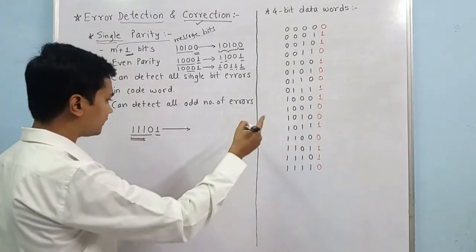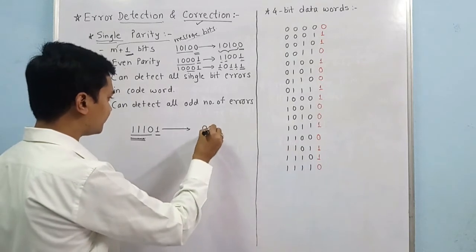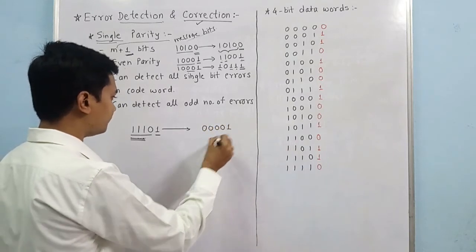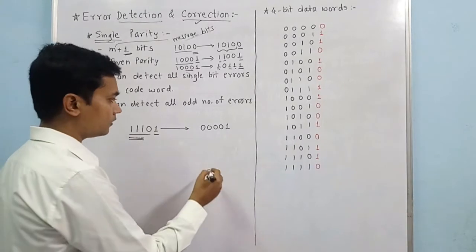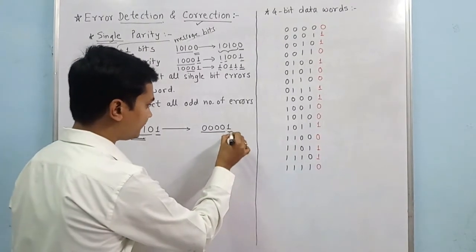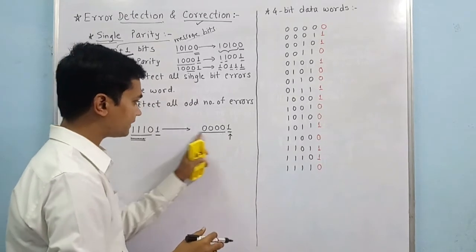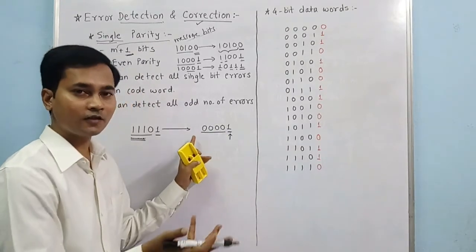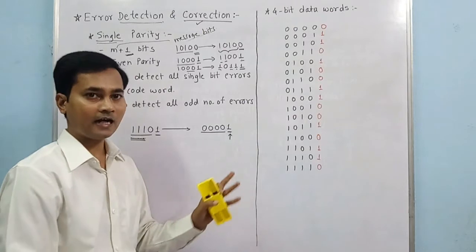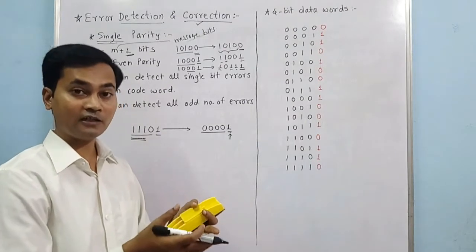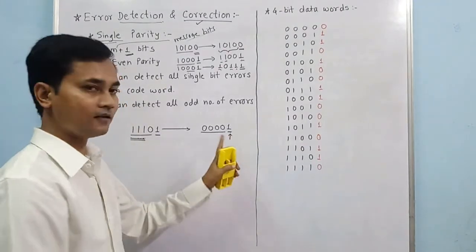Then what will the receiver receive? 00001. Now when the receiver sees this 1, it will check how many logic 1s are available in the data bits. No logic 1. So the receiver will be able to detect that there is an error.